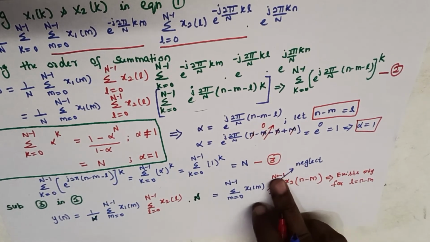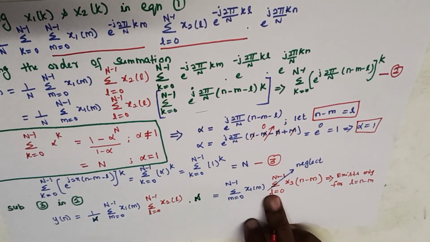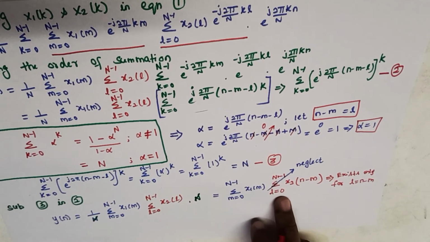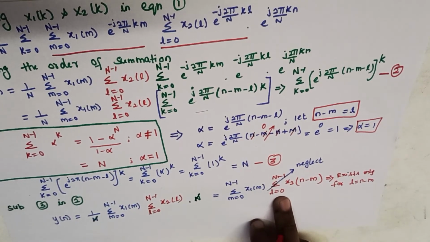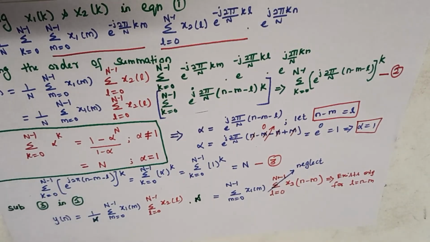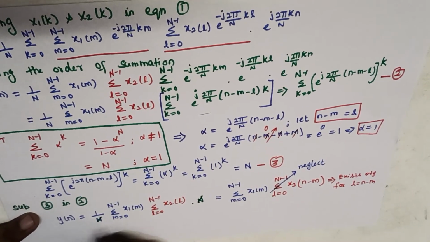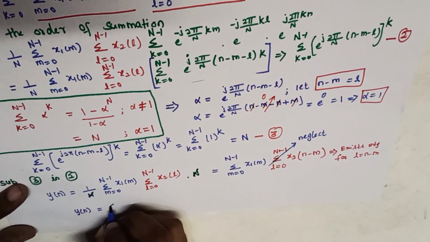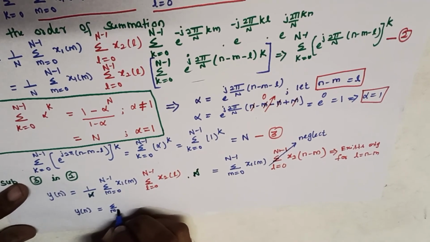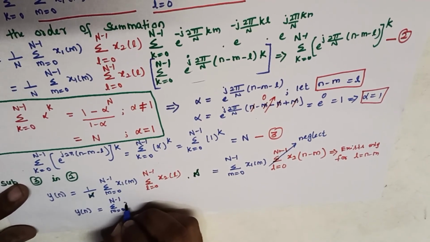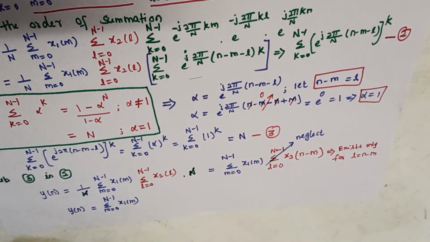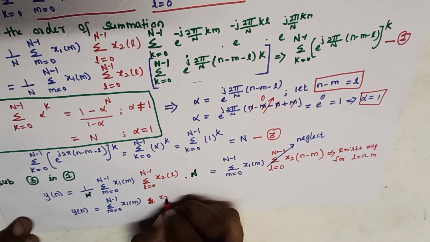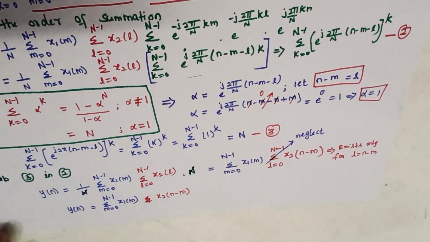So this summation can be neglected. It can be very well removed because L is not going to have a sequence of values from 0 to n minus 1. Instead, it is going to have only the n minus m value. So we can neglect this summation and the equation for y of n becomes summation m is equal to 0 to n minus 1 x1 of m into x2 of n minus m.